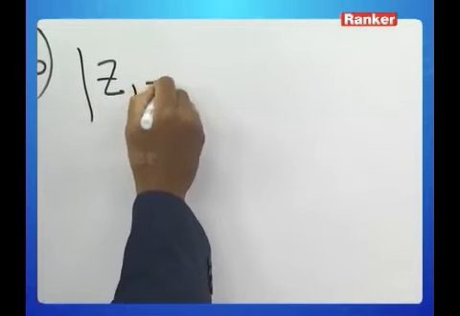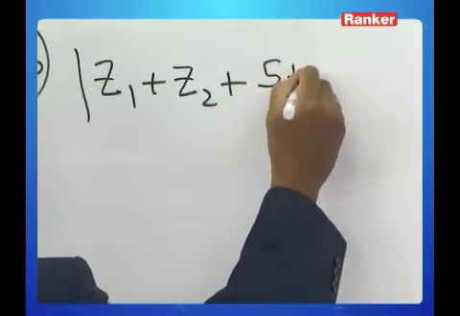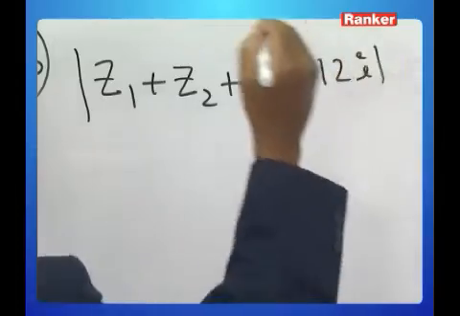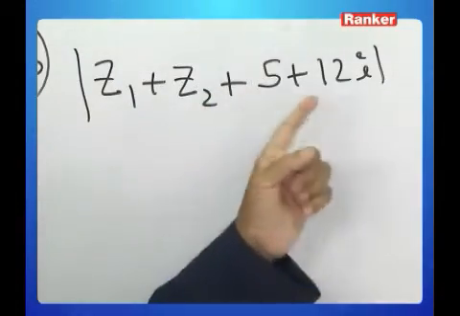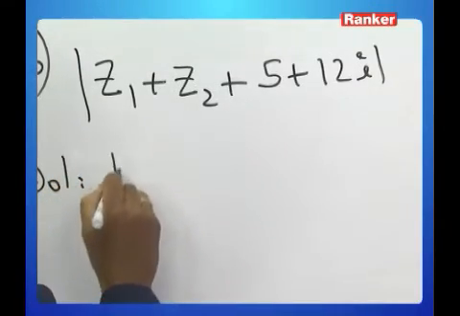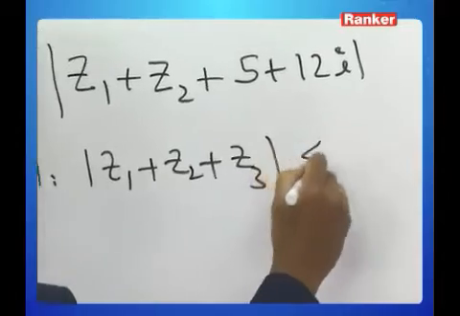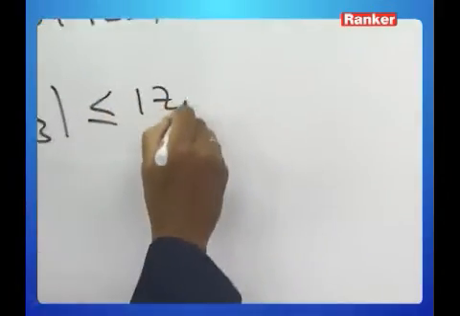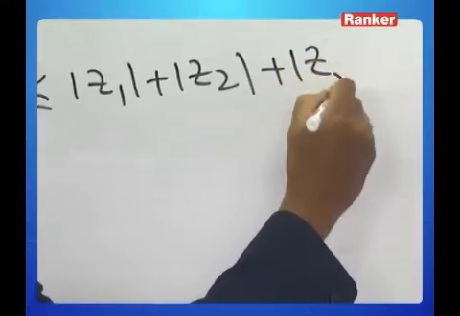Modulus of Z1 plus Z2 plus 5 plus 12i. This is in the form of mod Z1 plus Z2 plus Z3. So the solution is: modulus of Z1 plus Z2 plus Z3 is less than or equal to mod Z1 plus mod Z2 plus mod Z3.